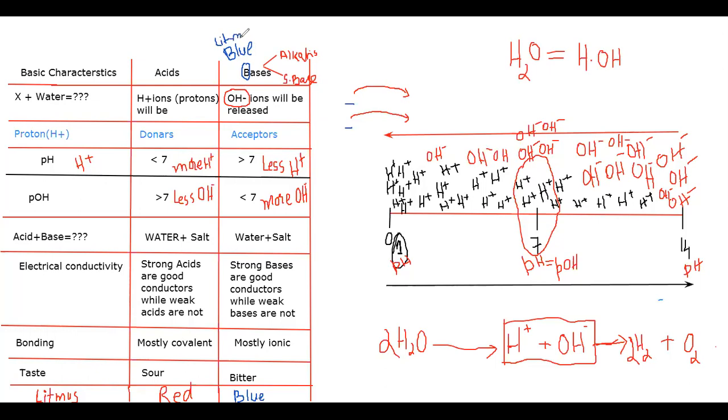Now, one more interesting thing. What is the last letter of acid? That is D. What is the last letter of red? That is D. So you may also remember that acid turns the litmus red.